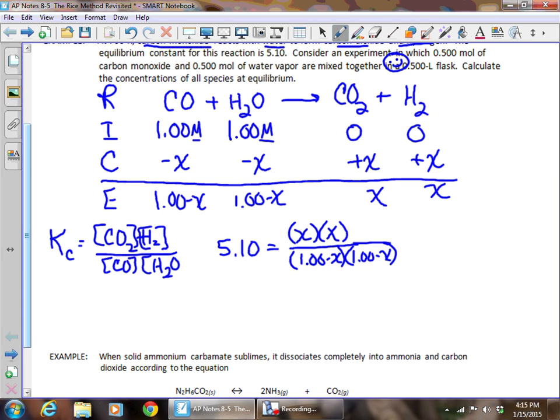So what does that translate as? It translates as x squared over 1.00 minus x squared, which is x over 1.00 minus x, quantity squared. Now, what does that mean? We've used this before: if we have a value on top of a fraction that's squared and a value on the bottom that's squared, the quantity is squared.